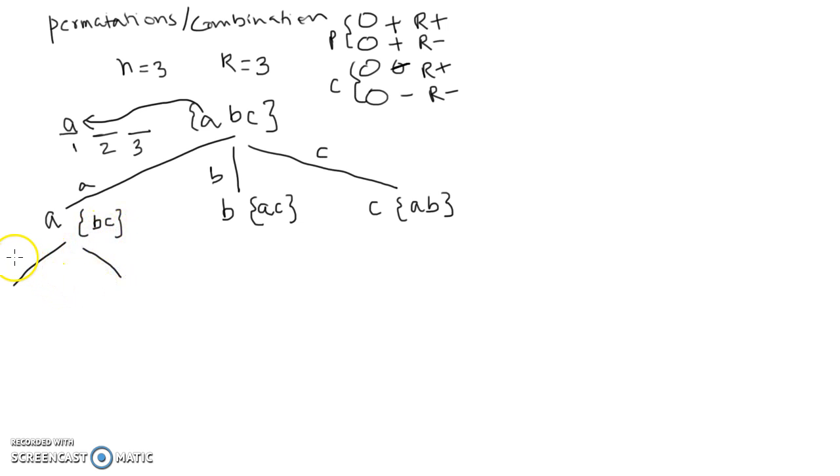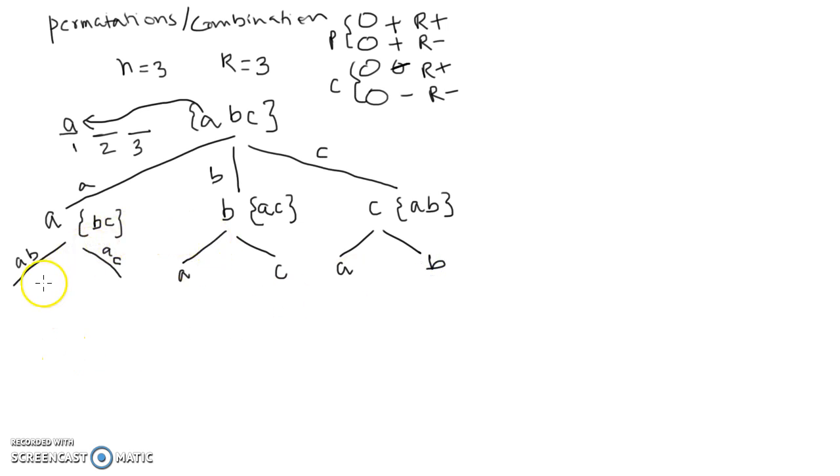So A has already been selected, so I can select B, or A has already been selected, I can select C. So this is an AB branch, this is an AC branch. The same thing happens for these, right? So for my second slot, I can have either A here, or C here, I can have A here, or B here.